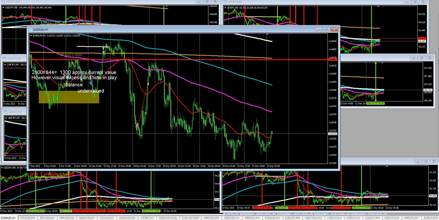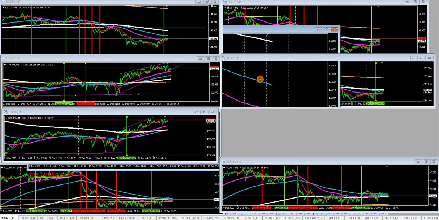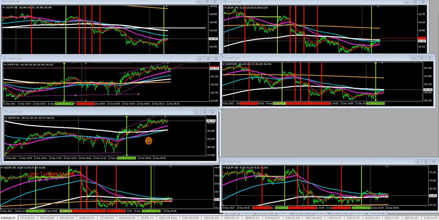Alright, so here's something that we need to take a look at here. So another way of looking at this from a retail perspective would be pound made a double bottom, but Swiss made a higher low.